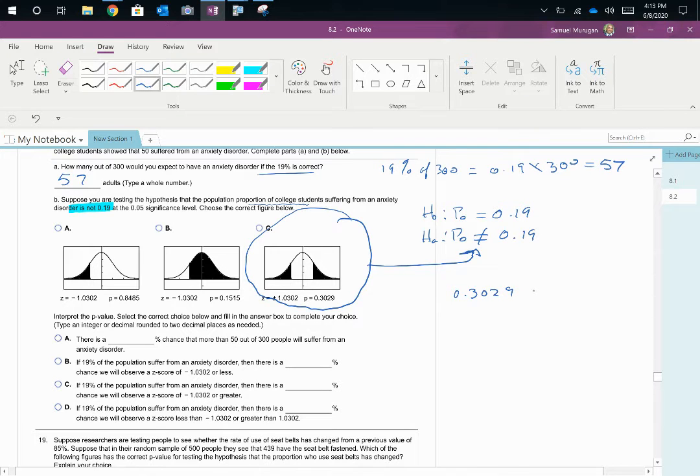And we know that this is greater than the significance level of 0.05. So what does this mean? What does this mean in terms of the answer? Do we reject the null hypothesis or do not reject the null hypothesis?